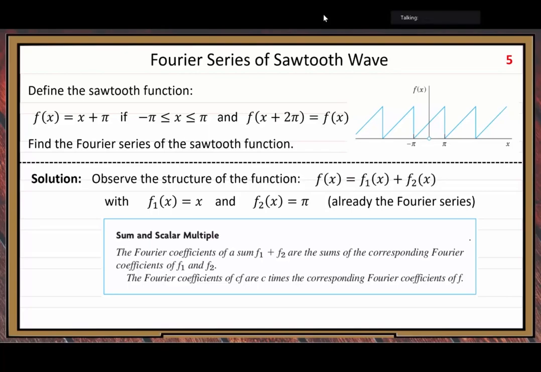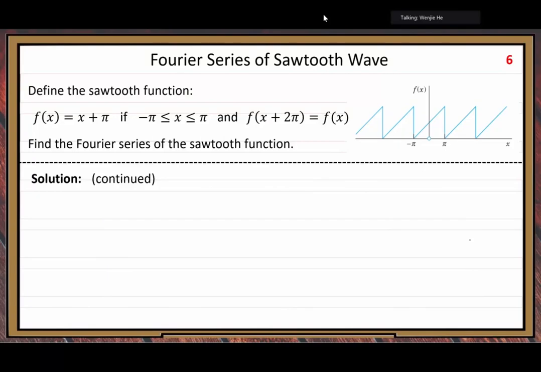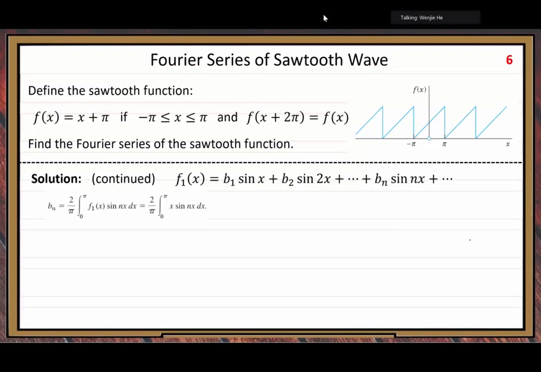So f1 is an odd function, so we can calculate using the Fourier sine series. Let's do the calculation, only the x part. Apply the formula for b_n, and then the answer.